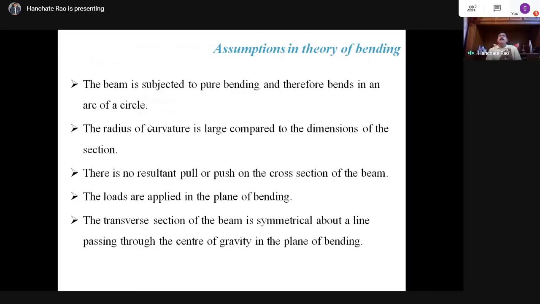If you apply load in a plane normal to the bending, then it will cause twisting, so we are not considering that. The transverse section of the beam is symmetrical about a line passing through the center of gravity in the plane of bending. That is the neutral axis, which we will discuss now.